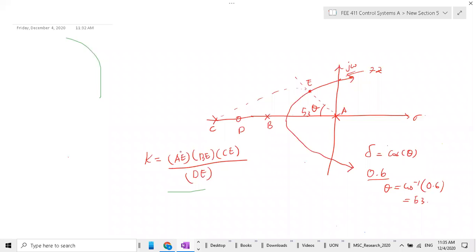From this pole to this point, you find the distance. From here to here, you find the distance. From there to there, you find the distance. So these are all length contributions from the poles. And then you divide by the length contribution of the zeros. And then you get your K.